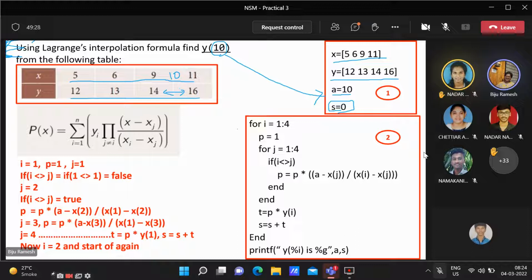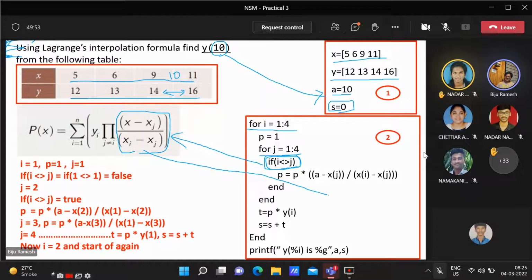Here we have 4 values. So for I is equal to 1 to 4, and see the J loop for J is equal to 1 to 4. And are you seeing this condition, students? If I not equal to J, only then you proceed with this formula. Okay, so what is the formula? First you will find the product. Exactly we have written this here.